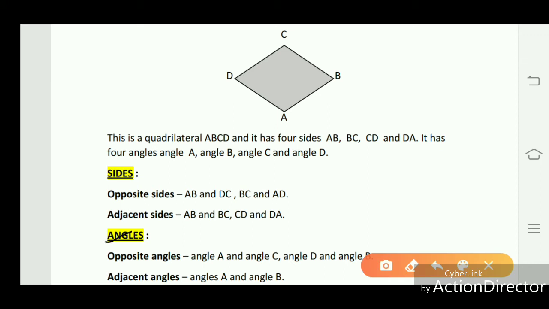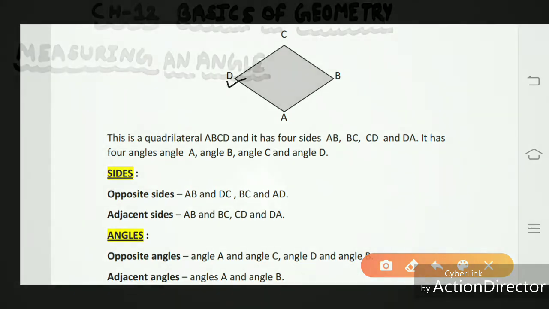Opposite angles: angle A and angle C, and angle D and angle B. Now adjacent angles: angle A and angle B are adjacent angles, and others also, like angle B and angle C, angle C and angle D, angle D and angle A.